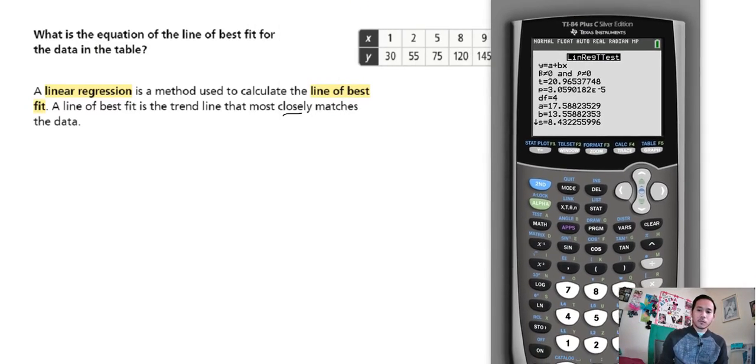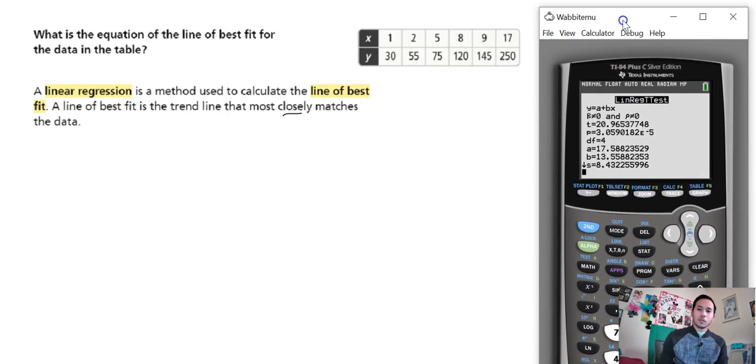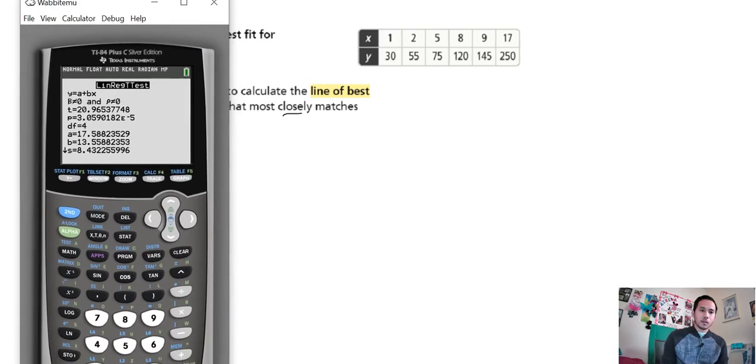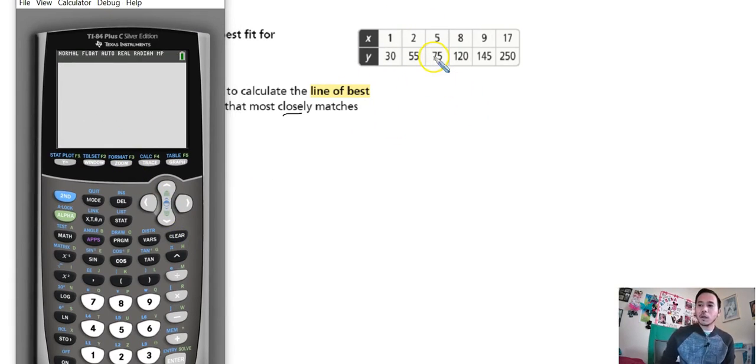So first things first, I want you to use your calculator and make use of it by putting in these numbers here. We'll do it one by one, step by step.